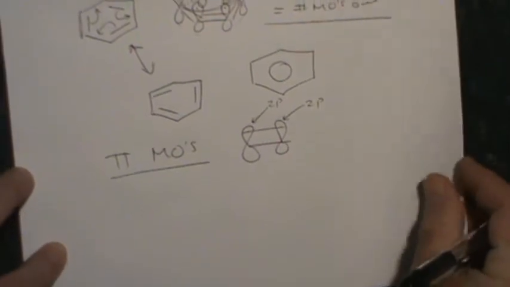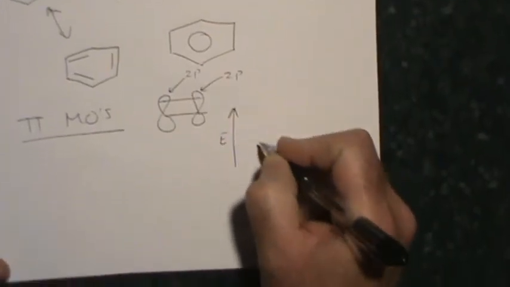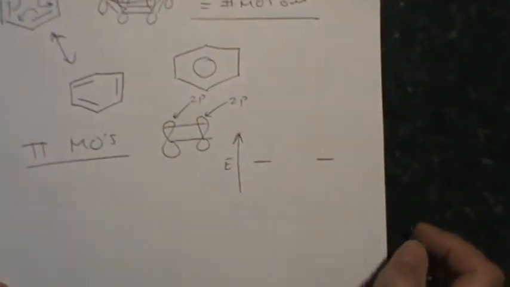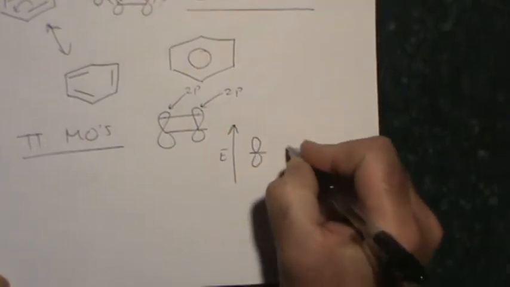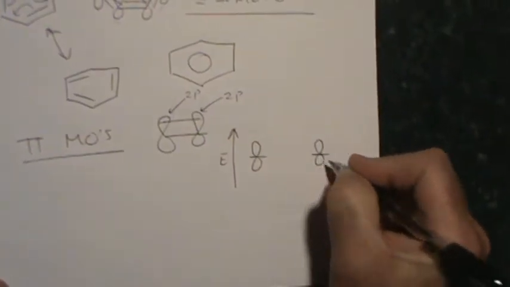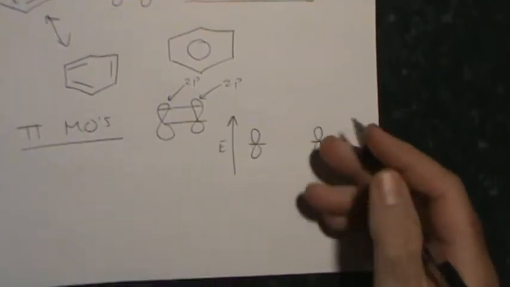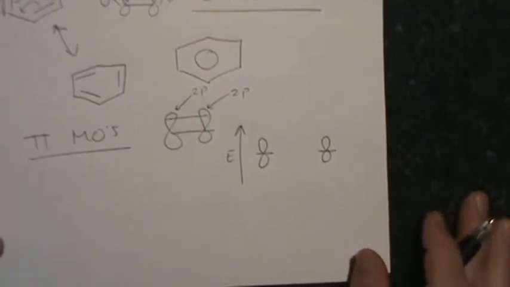You might remember back in Organic Chemistry 1, we actually did an exercise like this. We had a couple of atomic 2p orbitals which we considered separately. So these are two different, distinct atomic 2p orbitals.